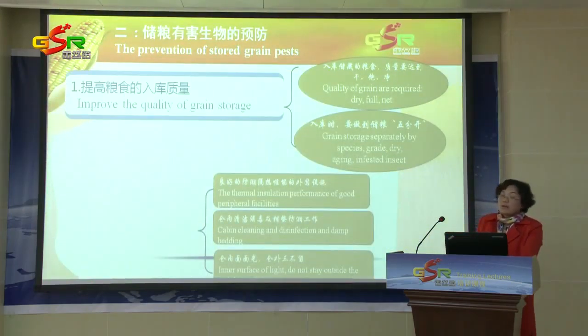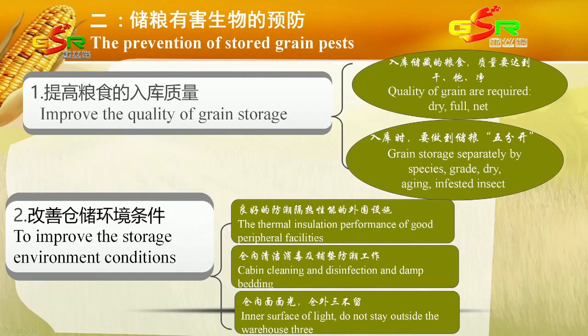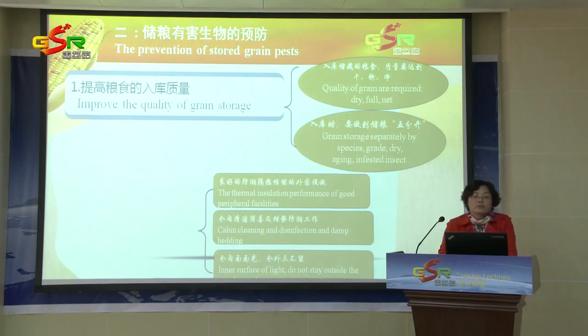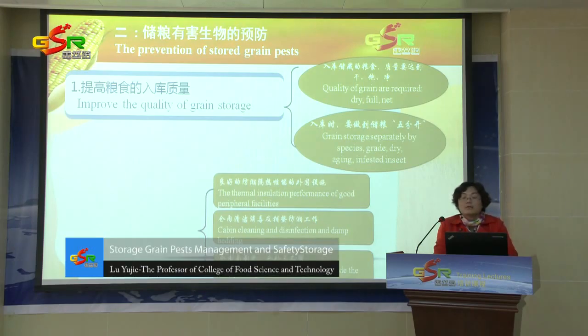So what measures can we take? We can take many measures, but the first important one is how to improve the quality of grain storage. That means before we harvest, we must know how to improve the quality of grain storage. We have some standards for this.